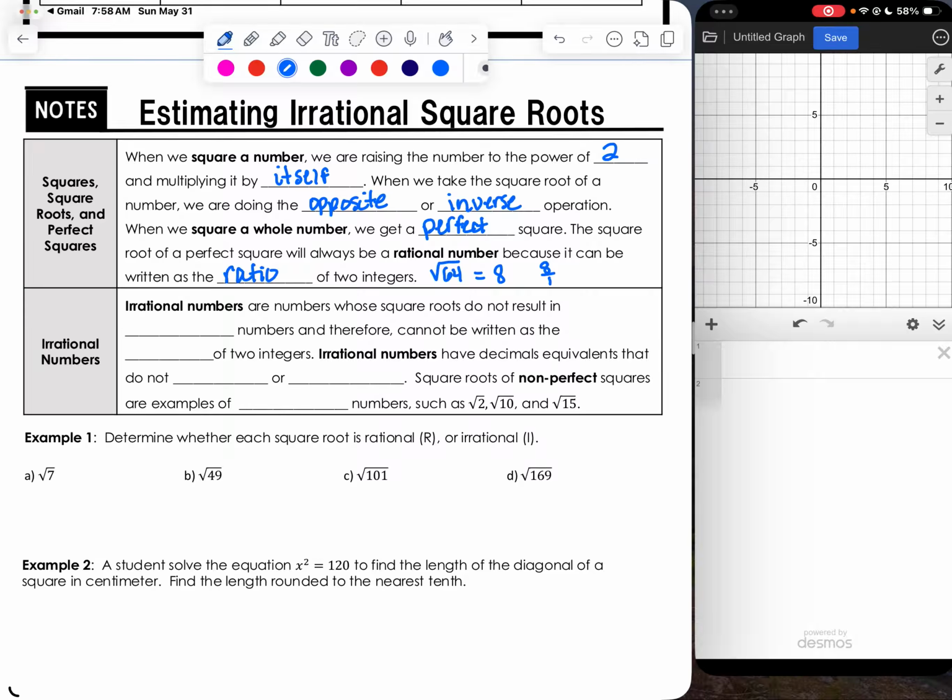Now, irrational numbers are numbers whose square roots do not result in whole numbers and therefore cannot be written as the ratio of two integers. Irrational numbers have decimal equivalents that do not repeat or terminate.